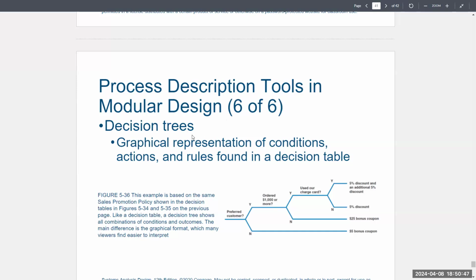The next thing is the decision tree, which is similar to a table, but it just has that tree structure to it, right? And you can represent the same thing that you saw in the previous slide in a tree format. Maybe some people follow this more easily, right?